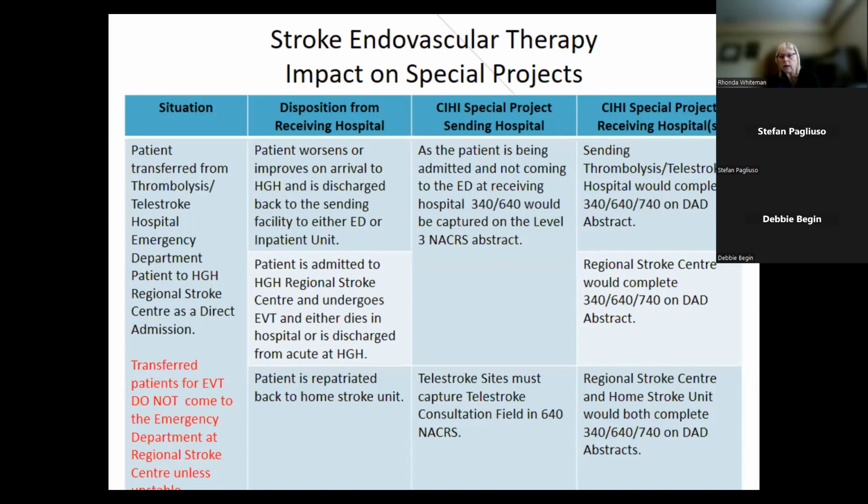Again, in that situation, the Regional Stroke Center and the home stroke unit would complete the 340, 640 on their DAD abstracts. And just flagging, the sending hospitals would complete telestroke consultation in 640.